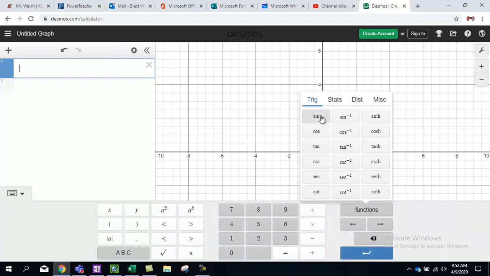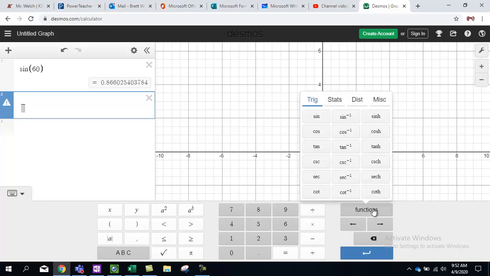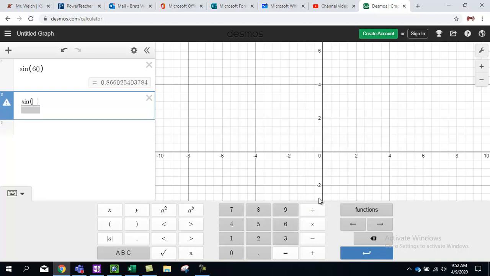So I'm going to go ahead and use the sine of 60 divided by 1.33 equals 0.6511.